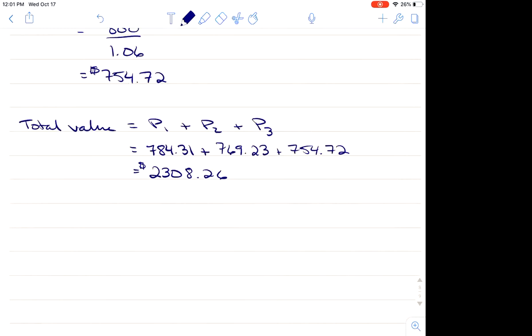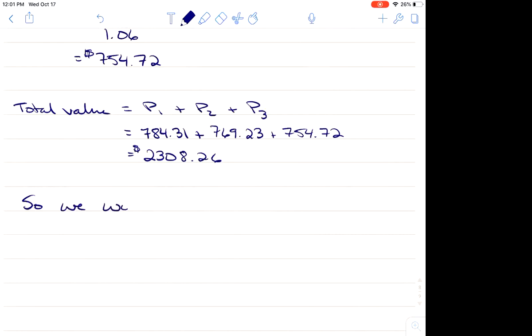But if they said, oh, for only $23.20, you can have $800 4 months, 8 months, 12 months from now, you'd say, no, thanks. I'll just invest my $2,308.26 and have the exact same thing come out, right? I can go and withdraw $800, then $800, then $800, right? So that's the idea there.